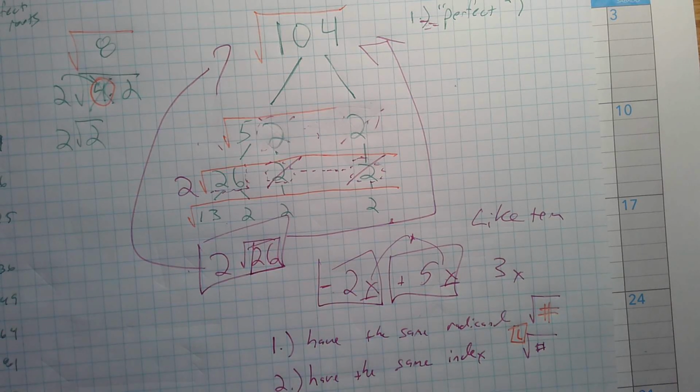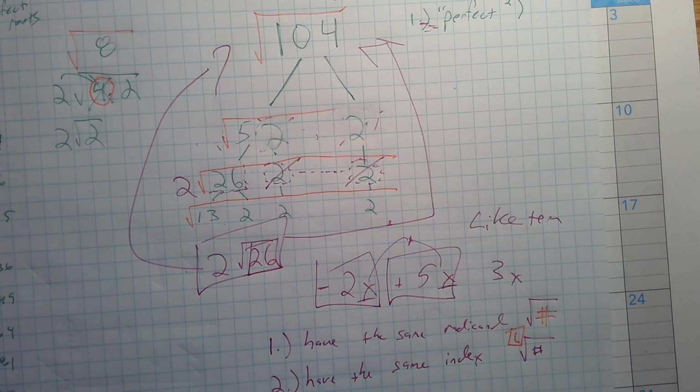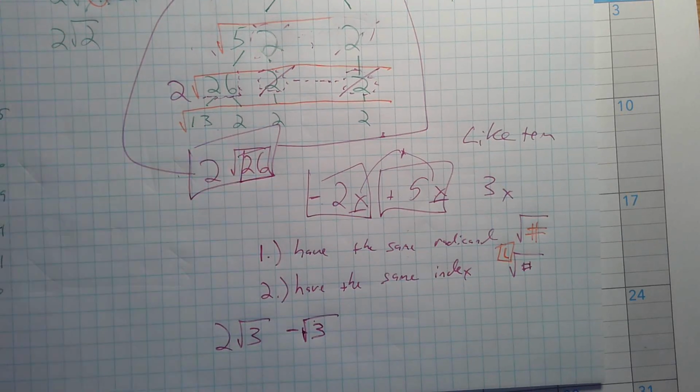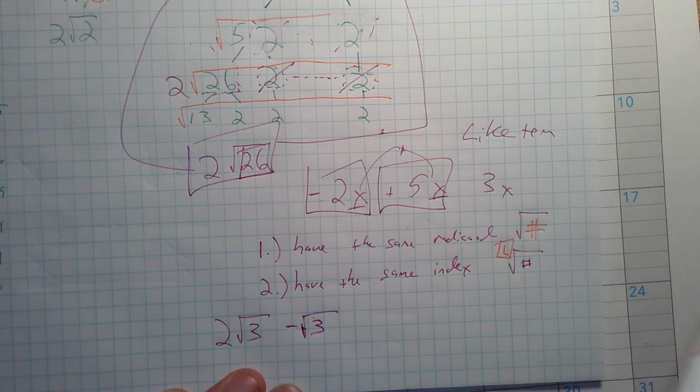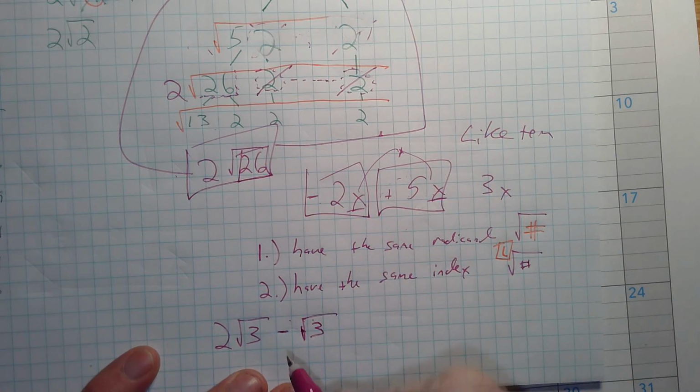So say I wanted to combine 2 square root of 3 with negative square root of 3. I can do that. The coefficient of the negative square root of 3 is an invisible 1.